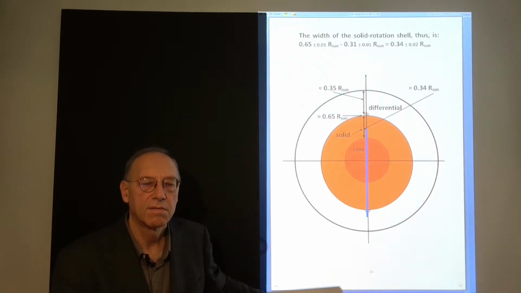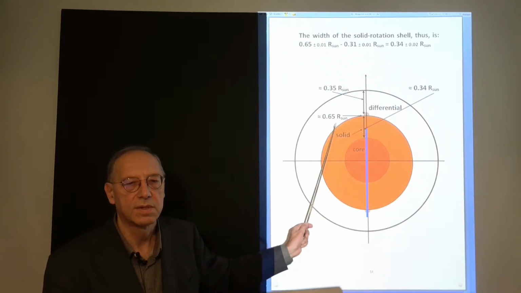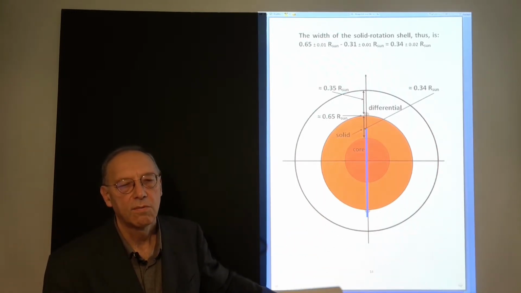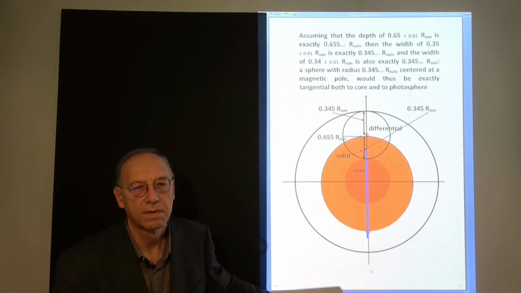On each of the primary measurements, 0.31 and 0.65, we have an uncertainty, an error bar of plus or minus 0.01 times the solar radius, which will now allow us to adjust these different found depths.